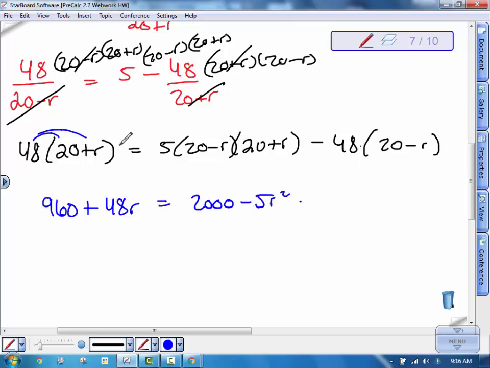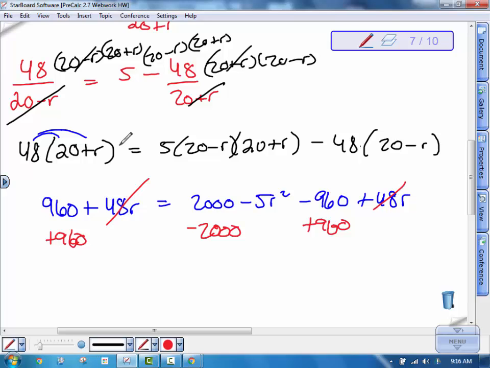And this would be minus 960 plus 48r. Now the 48r's cancel. I can add 960 to both sides and subtract 2000 from both sides. And that leaves me with negative 5r squared equals 960 plus 960 minus 2000.